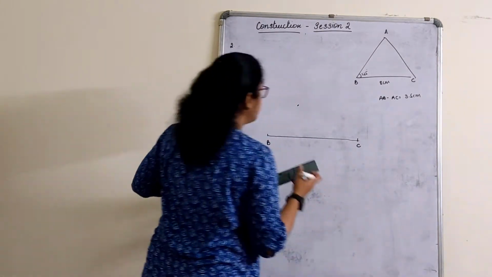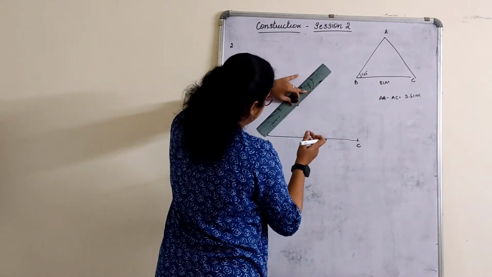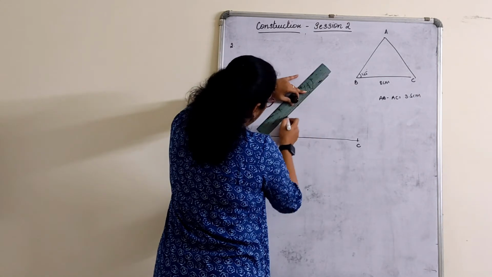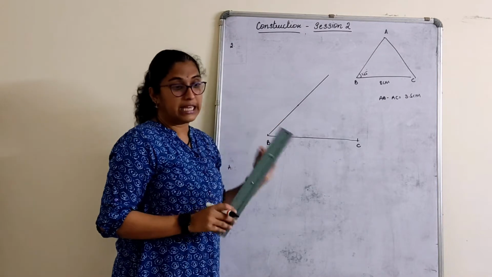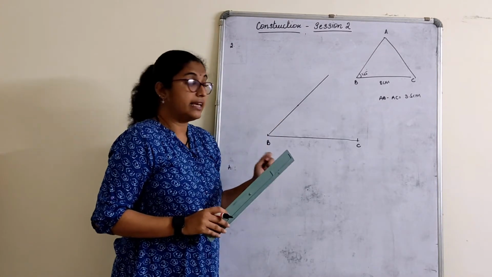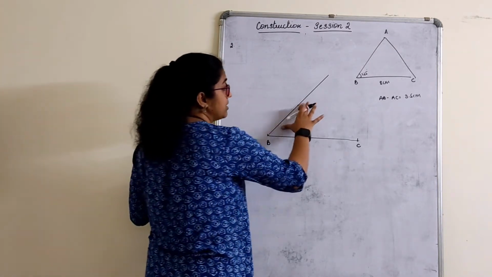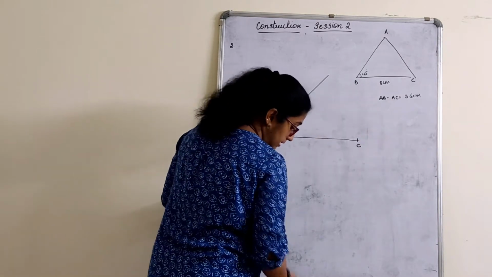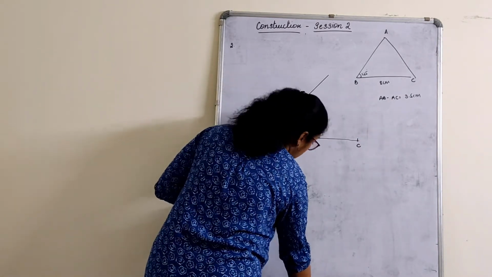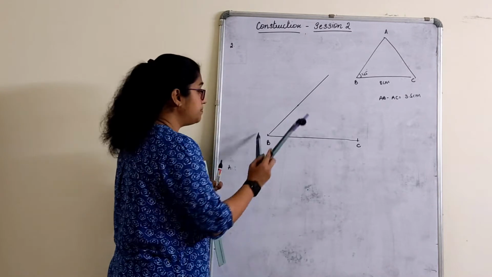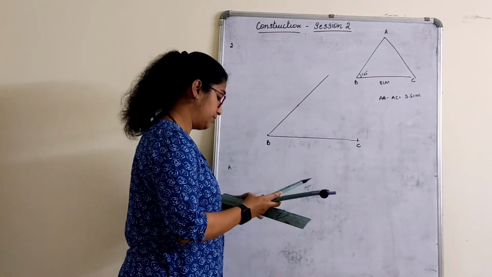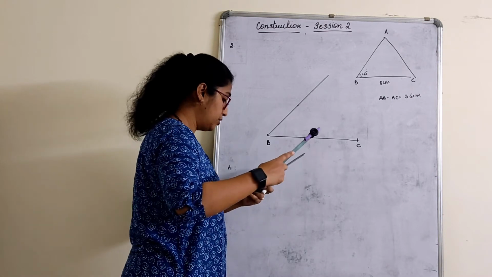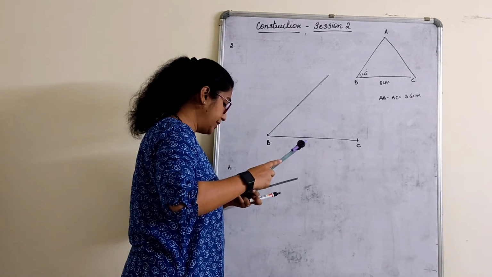Just extend this line for 45 degree. Till where? We don't know. Extend it. Now, this should be somewhere point A. But where is that point A? We don't know. But what is AB minus AC? 3.5. Now, on this point B, cut an arc for 3.5 centimeter. Okay? So we'll cut it for 3.5.